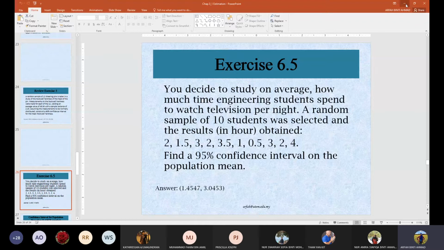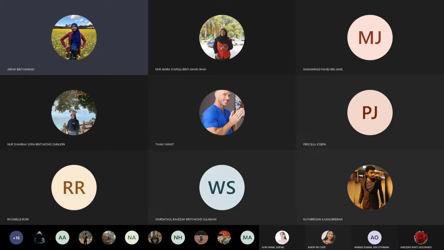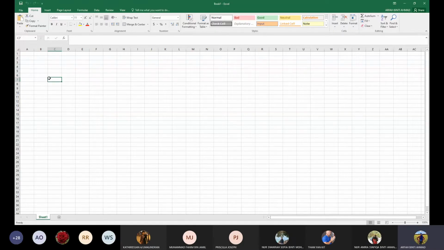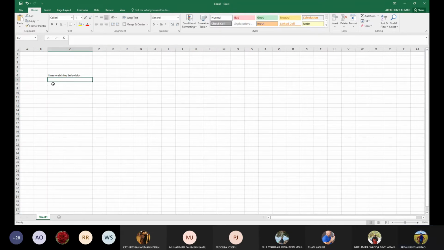Okay, so I'll share screen. This is Excel. So type in the data that was given: time watching television. This is your data. Key in the data. The first one is? 2.